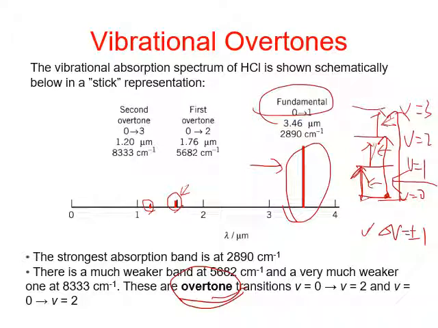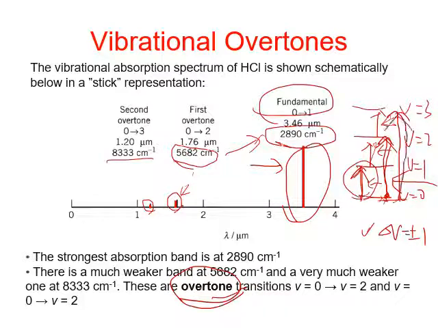According to this diagram, the first overtone is about twice the energy of the fundamental absorption. Here, the wavelength for the fundamental is 2890, and the first overtone is 5682. It's about twice. That makes sense. Similarly, the second overtone is 8333, which is about 3 times the fundamental absorption.